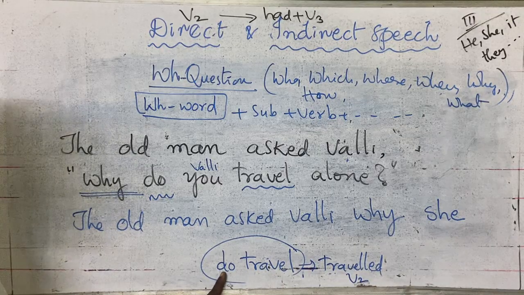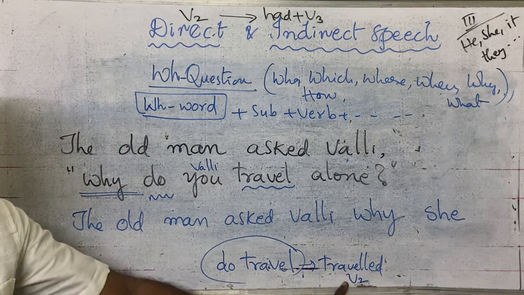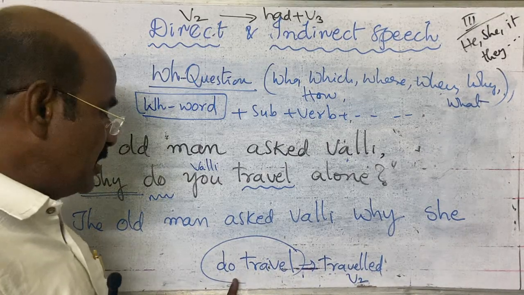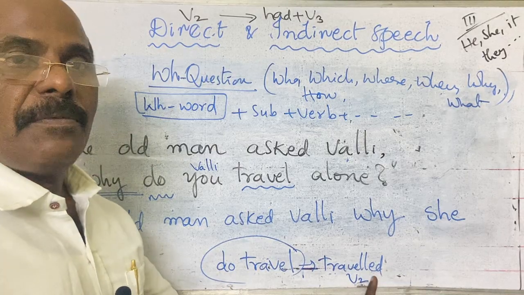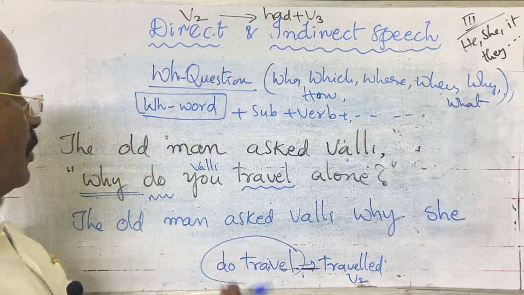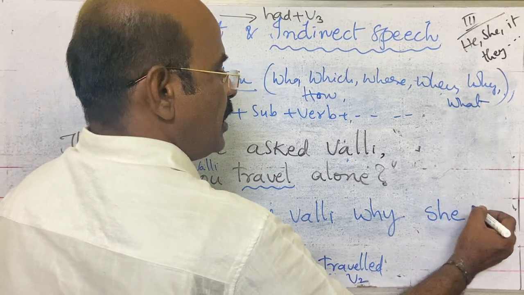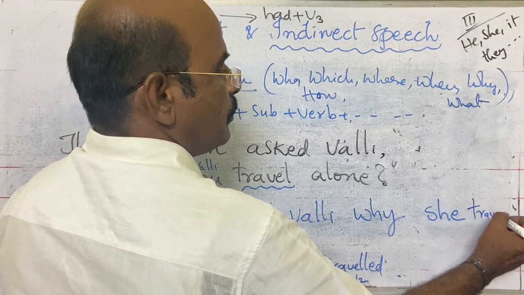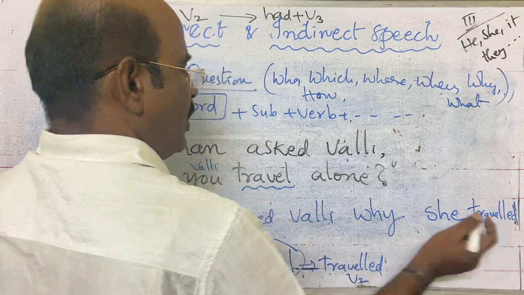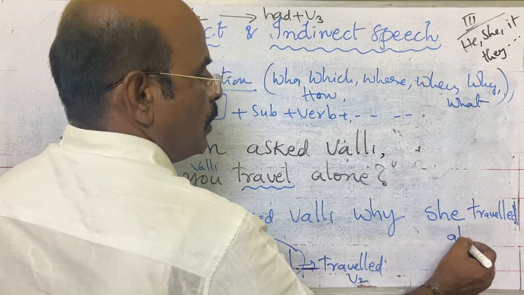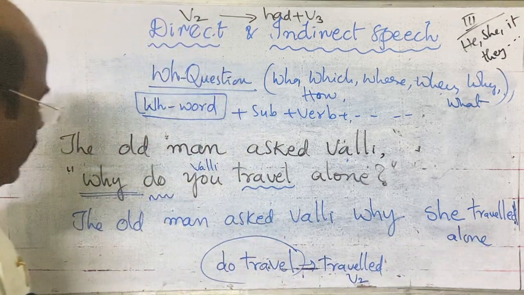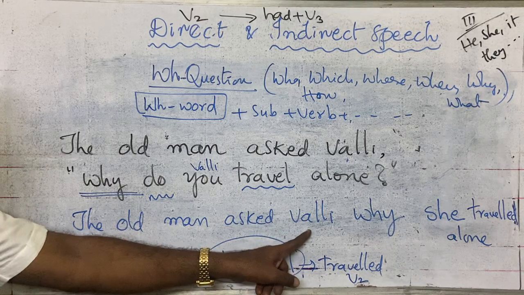If it is did here, you take had plus V3. That is the rule. As it is do, you can write she traveled. After she, you write traveled. Why she traveled alone?